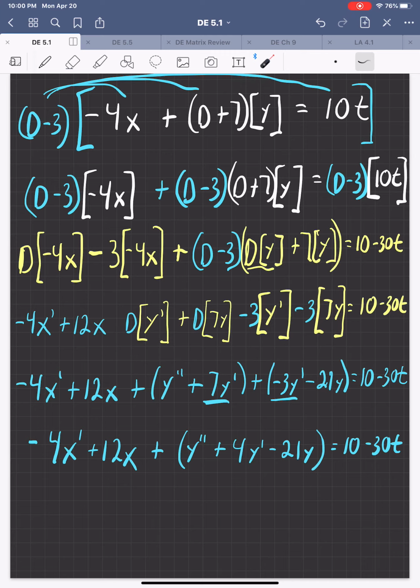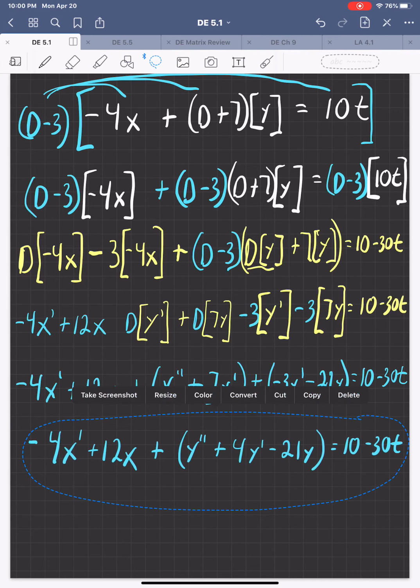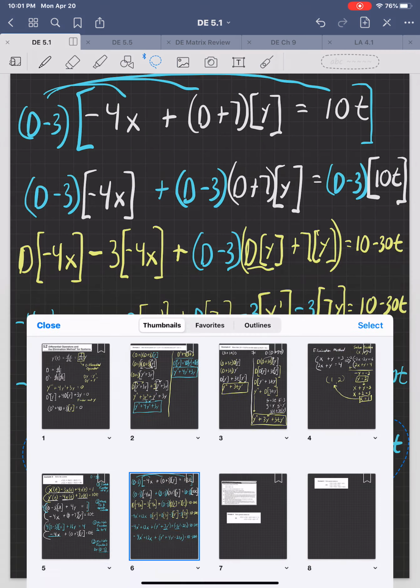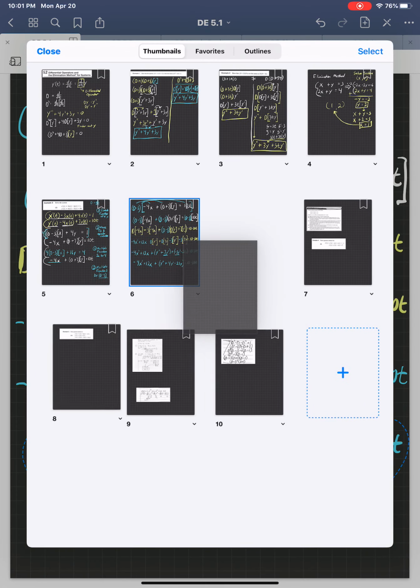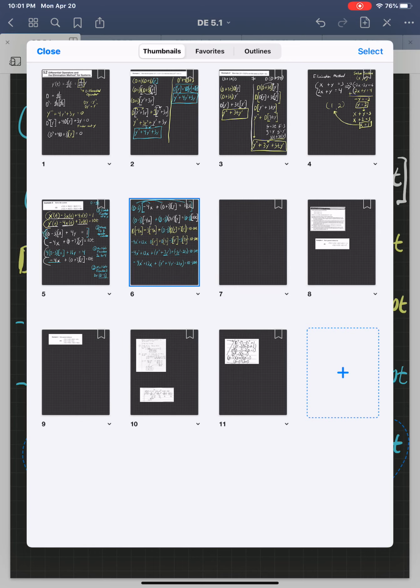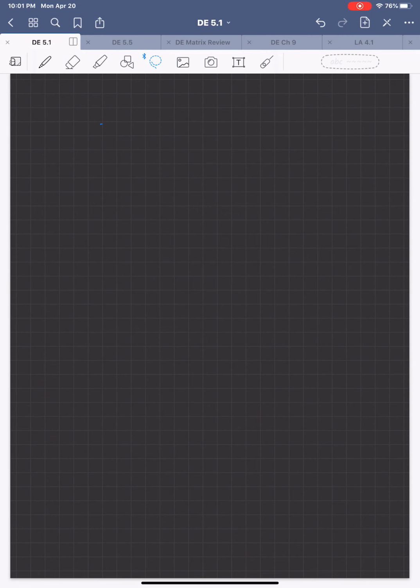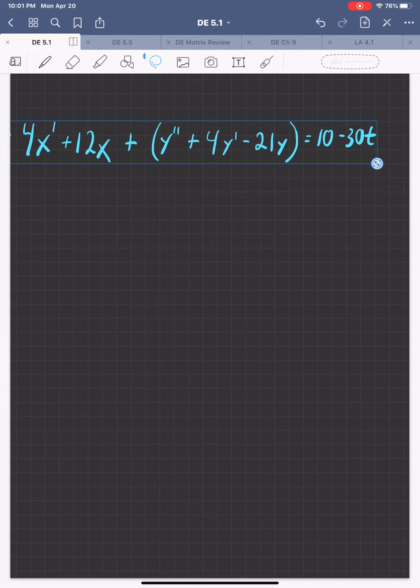So let's go ahead and write that. So now we're going to have. I think I'll give myself a new page. You're starting to see why diffeq can take forever, right?